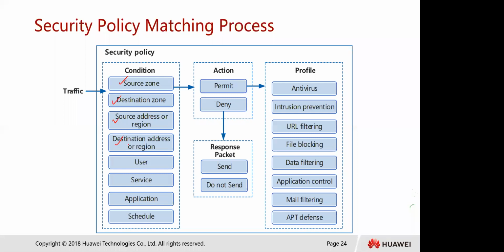Is this destination address or network acceptable? Is this user allowed to communicate such information on my network? Is he allowed to use this service? Depending on the rules which you configured on your network. And if the conditions are met, then our traffic matches our security policy.